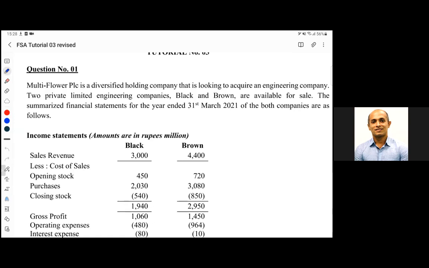Multiflower PLC is a diversified company that is looking to acquire an engineering company. Now you see your company is going to be diversified into an engineering business. Two engineering companies, Black and Brown, are available for sale.